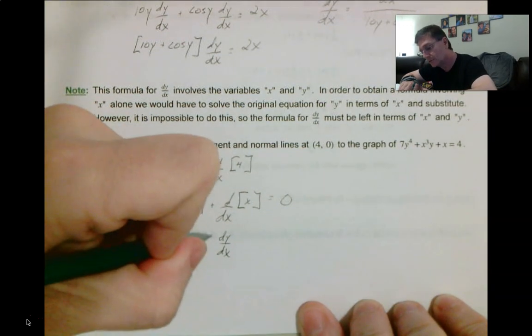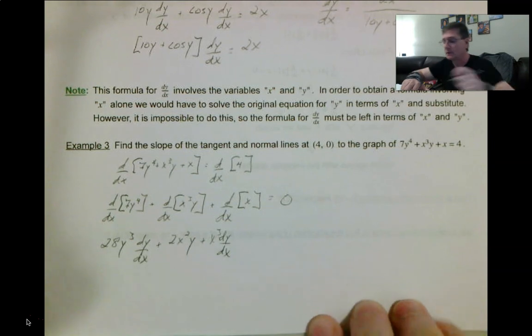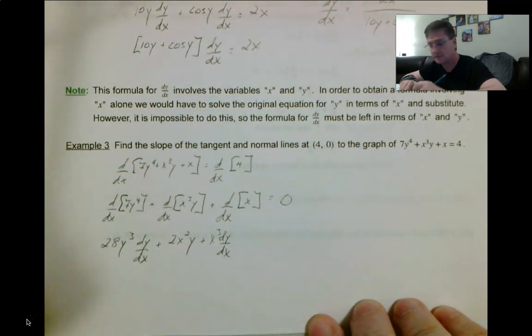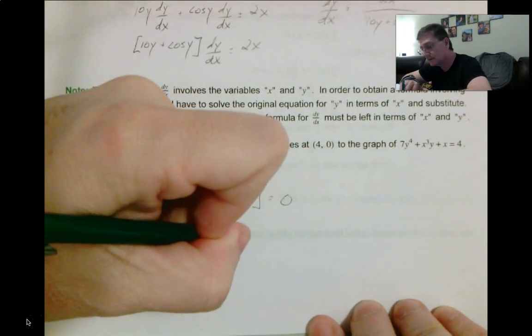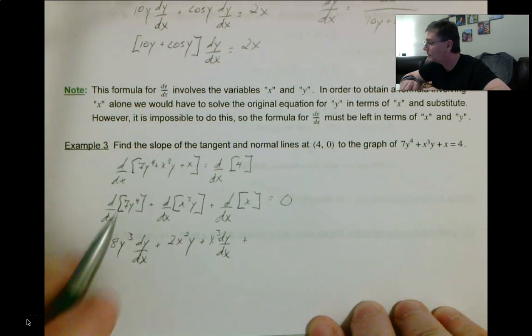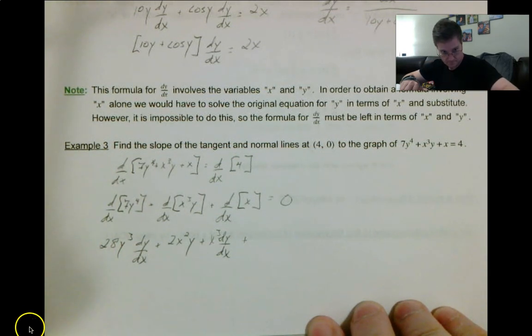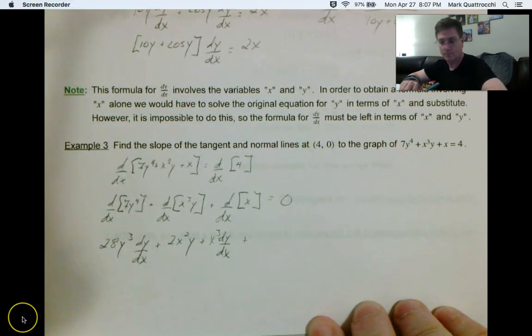And I'm going to write the first out in front because it gets messy if you don't. I don't want to write it afterwards and have it be confusing. Plus 1.